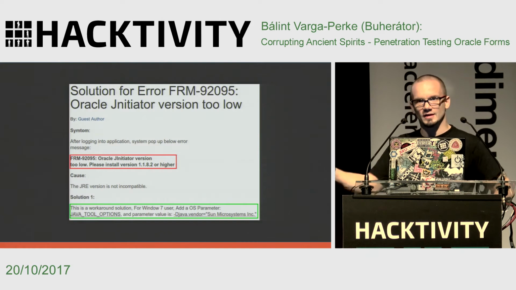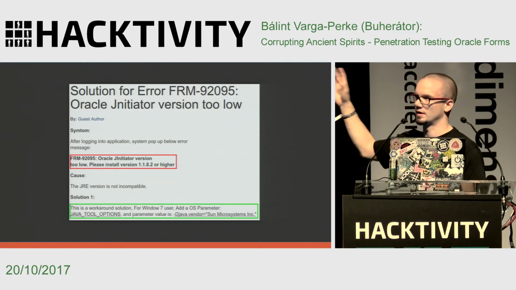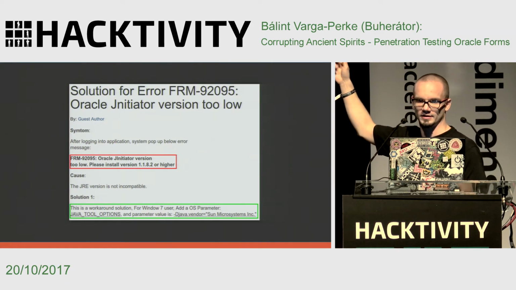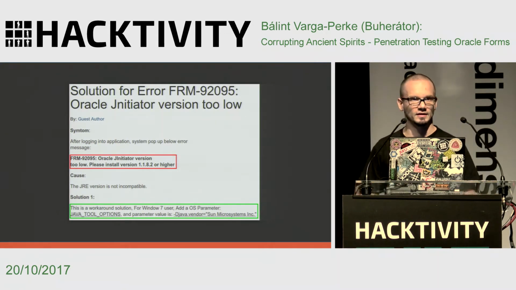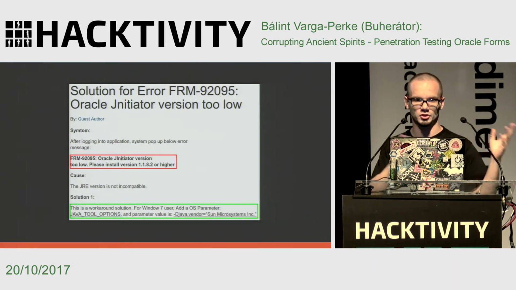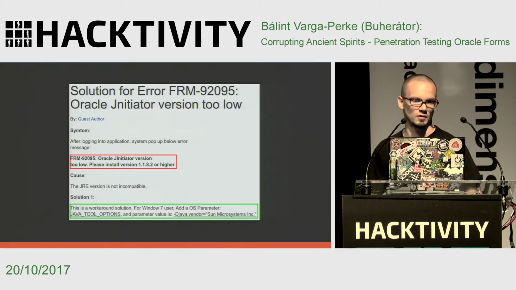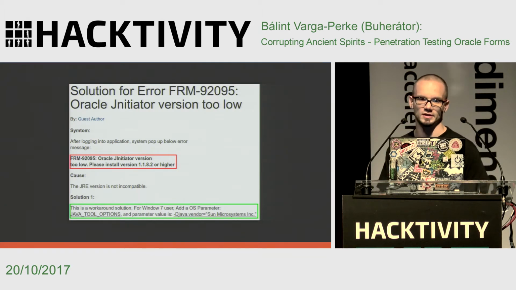So to have an idea about what this long history creates as a problem at the technological level, here is the error code, this FRM-92 whatever, that everyone will probably face when he or she first installs or tries to install Oracle Forms or an Oracle Forms-based application. It says Oracle JInitiator version too low.